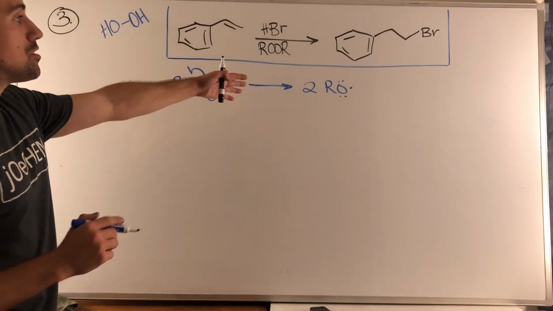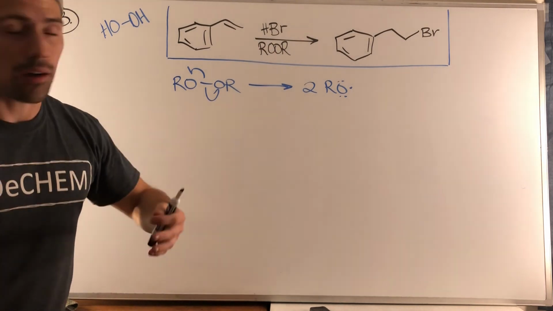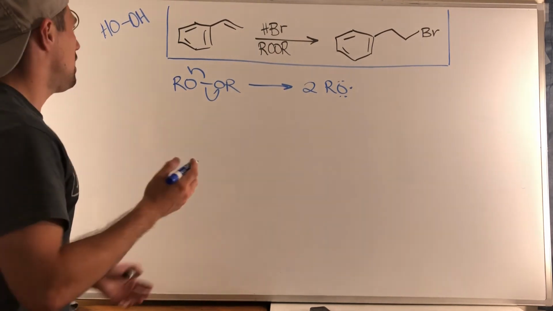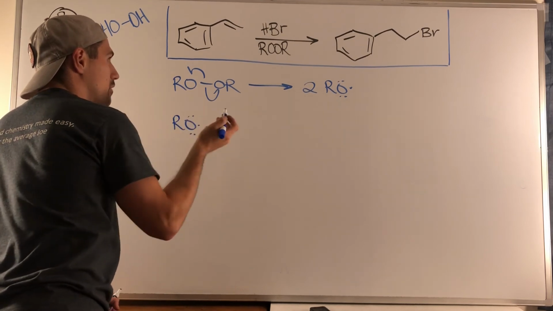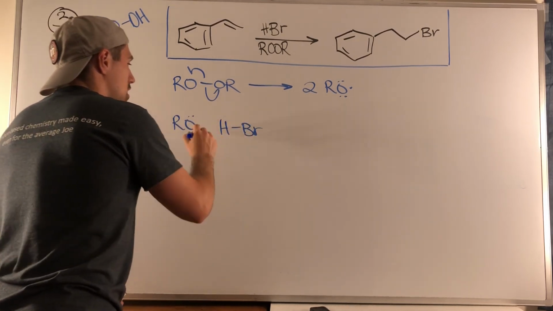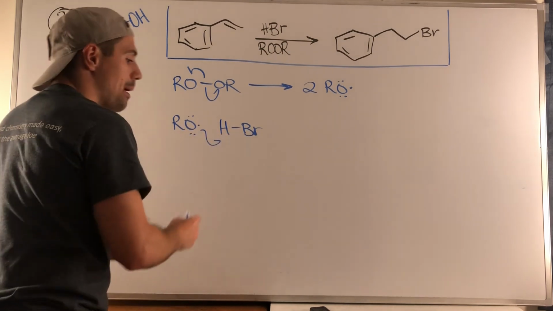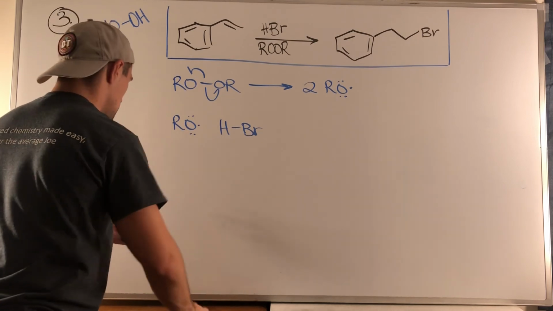So after we've produced a radical from the homolytic cleavage of the peroxide bond, one of them, we can just work with one from now on, will run into HBr. This will abstract a hydrogen, and remember, we haven't worked with single-headed arrows in a while, and let me switch to black for the arrows.